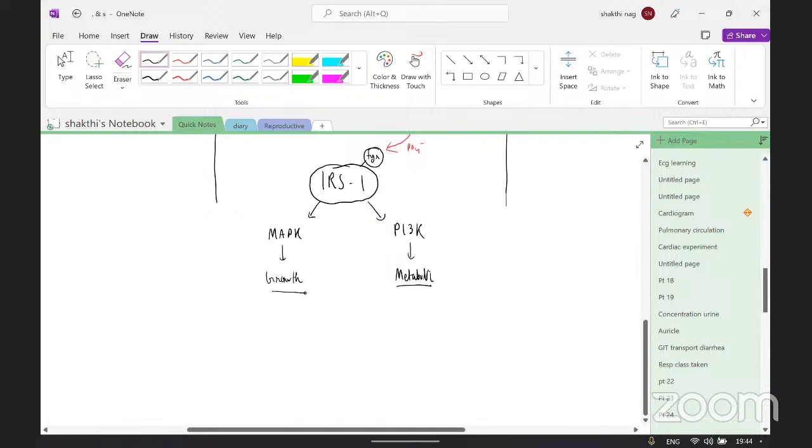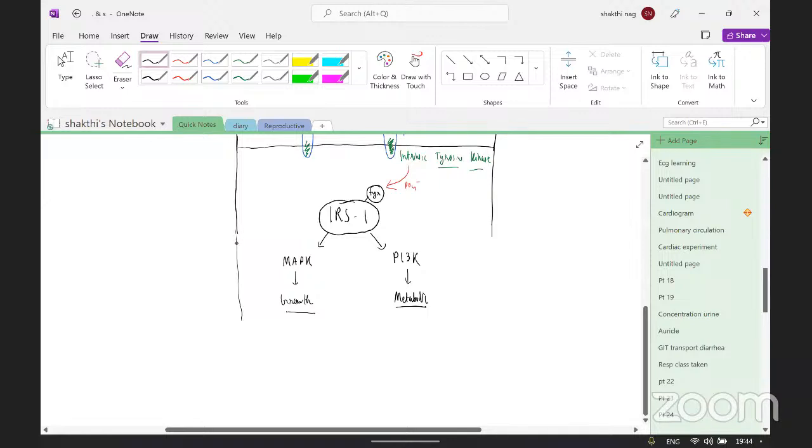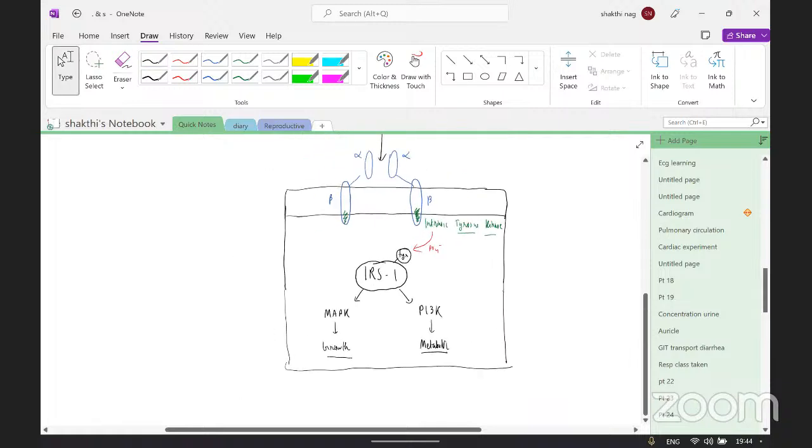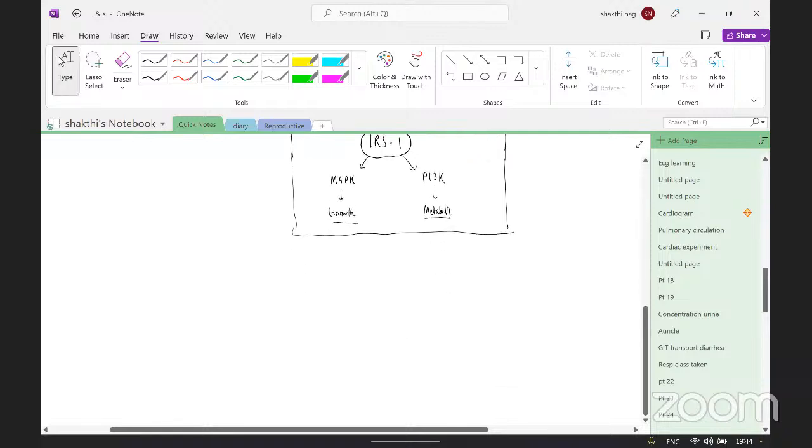Your growth promoting activity is through mitogen activated protein kinase, and PI3K, your metabolic activity. So what are the metabolic activity? That we will come to. Okay. So just continue drawing this in.